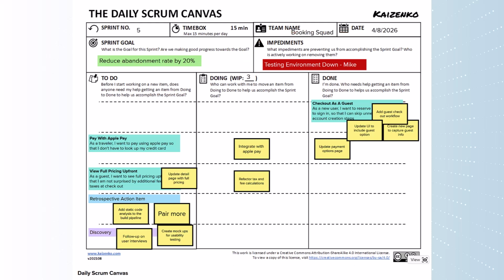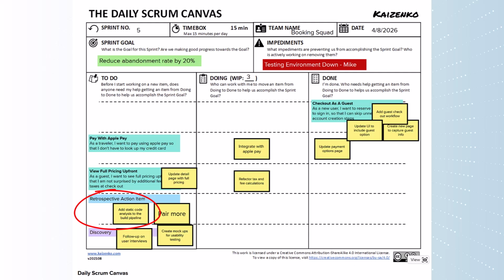Next, instead of going person by person, I recommend that team members volunteer to help or ask each other for help. So whoever worked on the checkout as a guest feature can start by saying, "We finished checkout as a guest, and we were thinking that today we will start on the static code analysis from our retrospective action item.